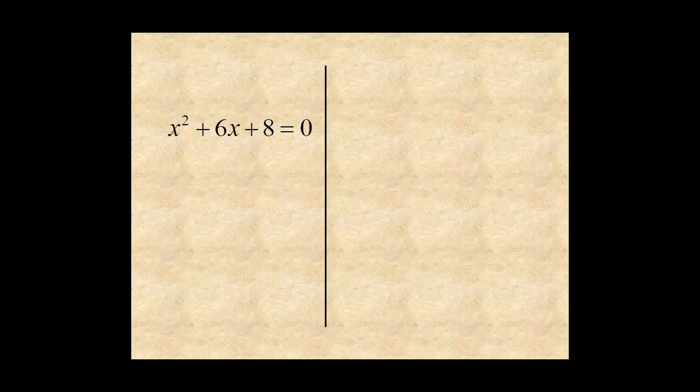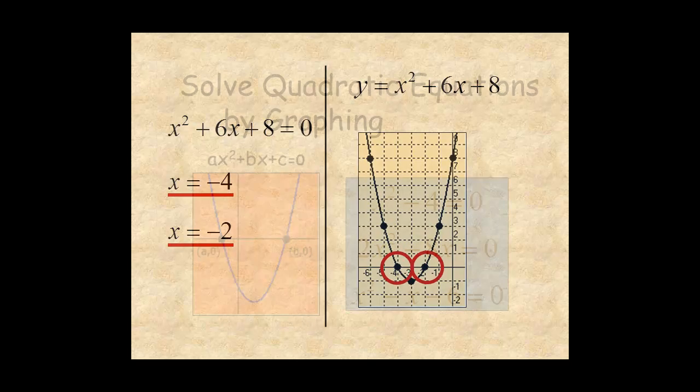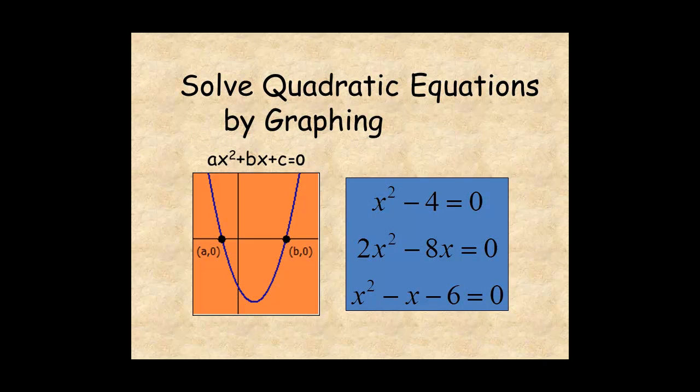So to summarize this lesson, one way to solve a quadratic equation is to graph the related function. The x-intercepts of the function are solutions to the equation. This lesson explained the relationship between a quadratic equation and a quadratic function, and showed how to solve a quadratic equation by graphing.